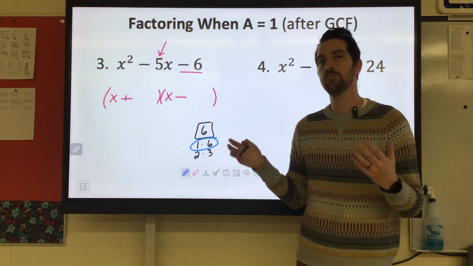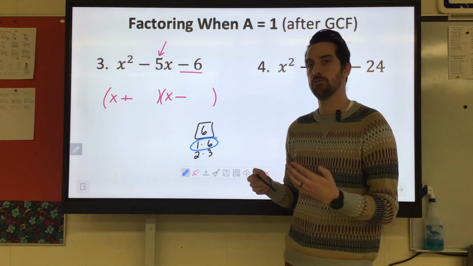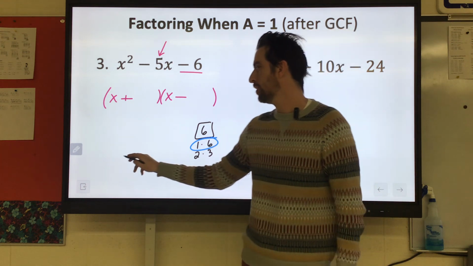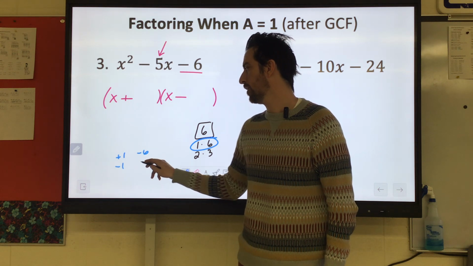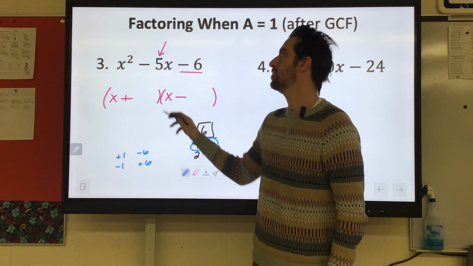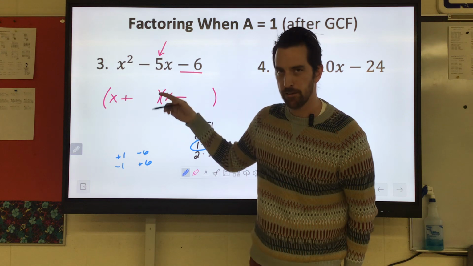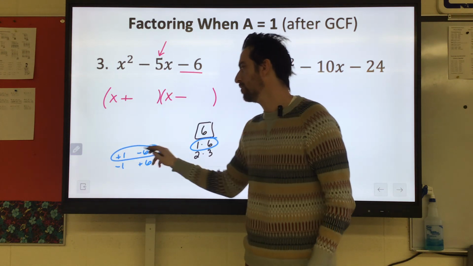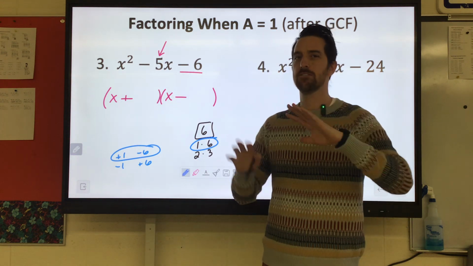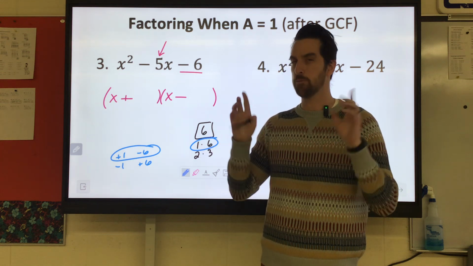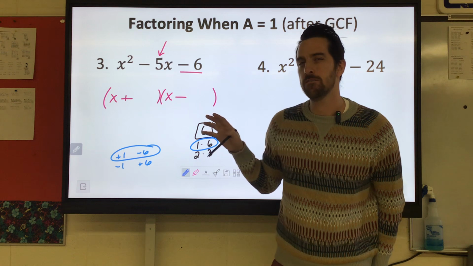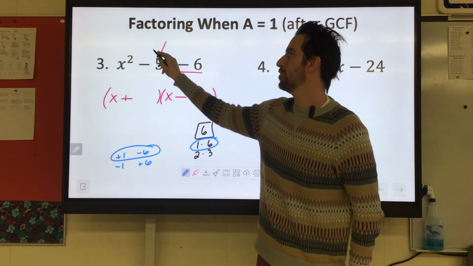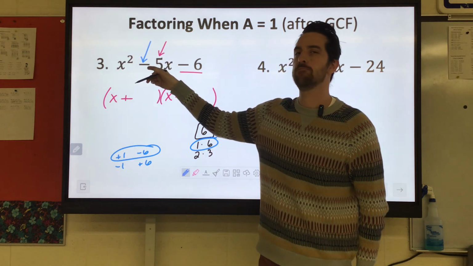Now it makes a huge difference which one goes with the plus and which one goes with the minus. It could either be +1 and -6, or -1 and +6. We need the set that adds up to -5. That would obviously be the +1 and -6. But here's the simple way my simple brain, I'm not the smartest man in the world, thinks about it: if I know it has to be one of each, I look at the first symbol and I think, well, the bigger number has to be with this one.